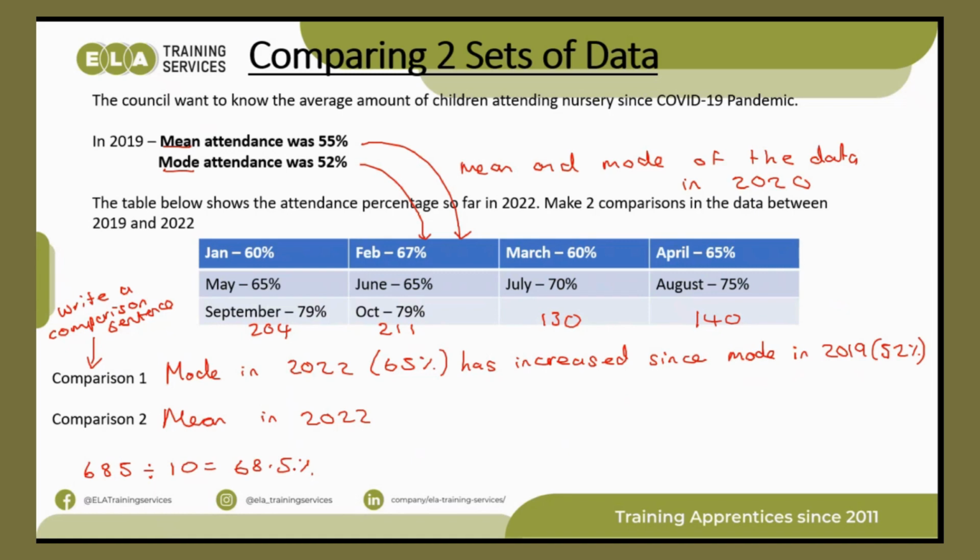And that is higher because we can see in 2019 it was 55. So the mean in 2022, 68.5%, has increased since the mean in 2019 of 55%. And that is how we compare data when we are given clues in the exam.